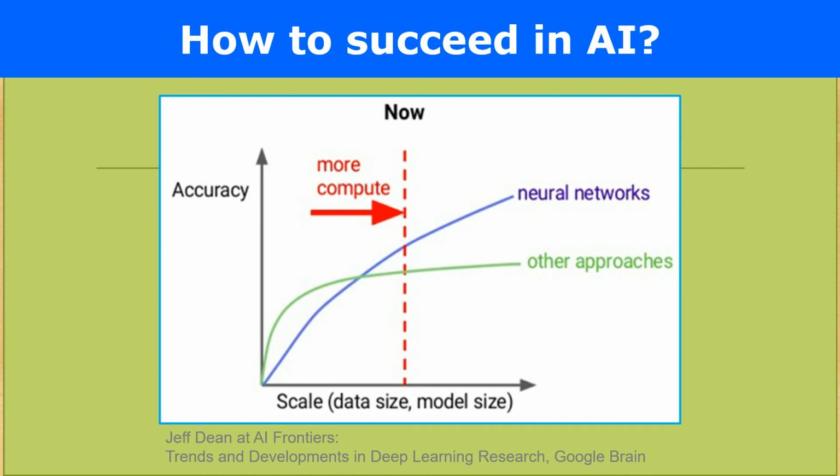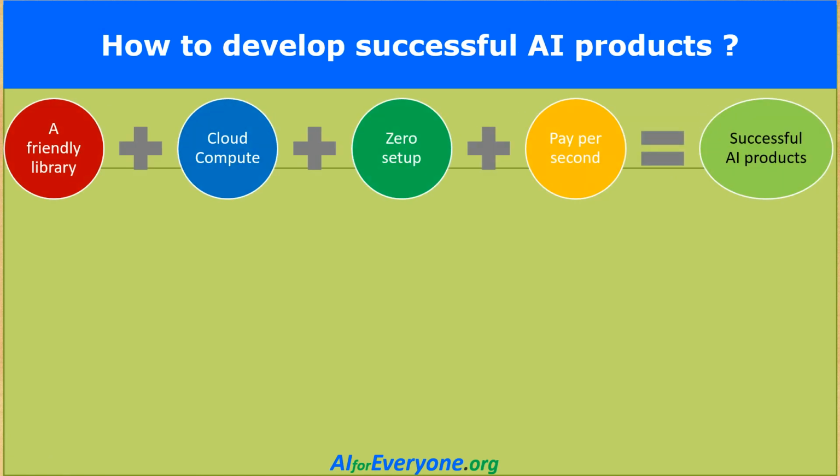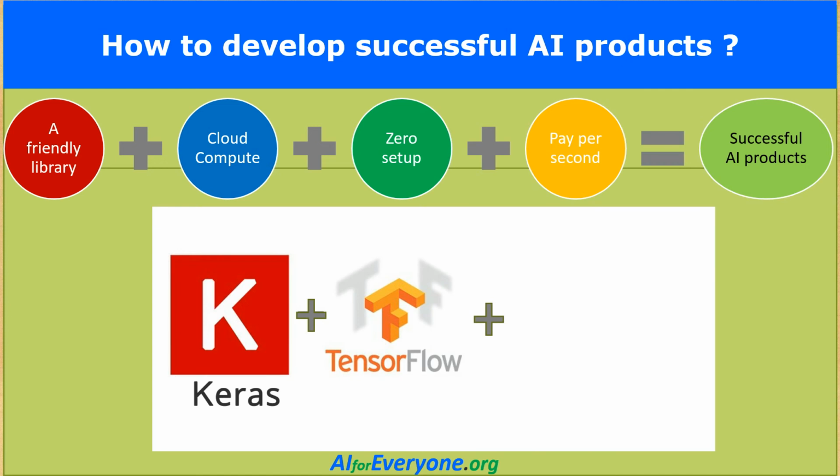Also, you need a lot of compute and a library that is enabled on the latest hardware that lets you compute at scale, such as TPU and GPU. You need a developer friendly library that can be trained on the cloud, instantly set up, and affordably priced.